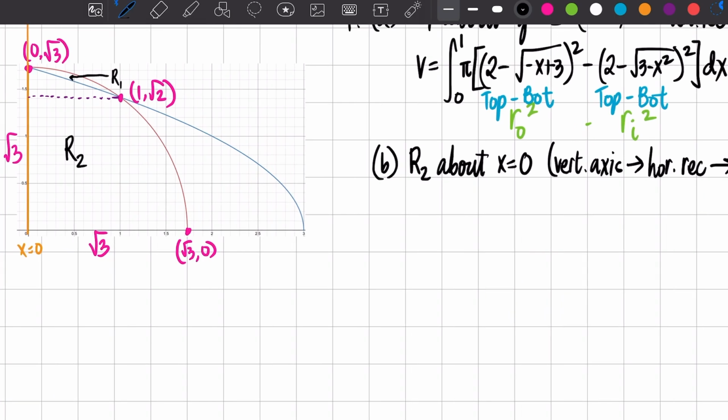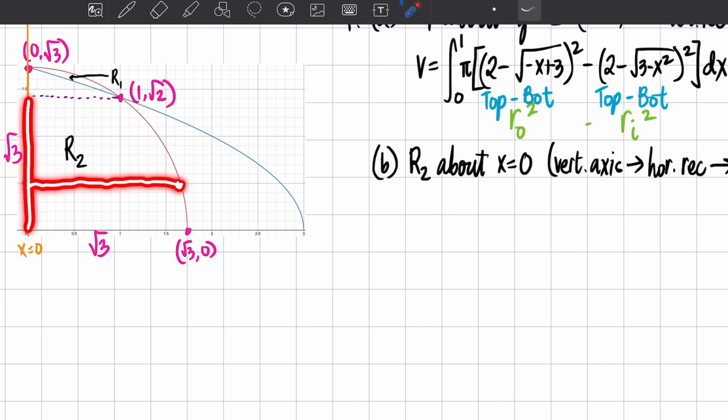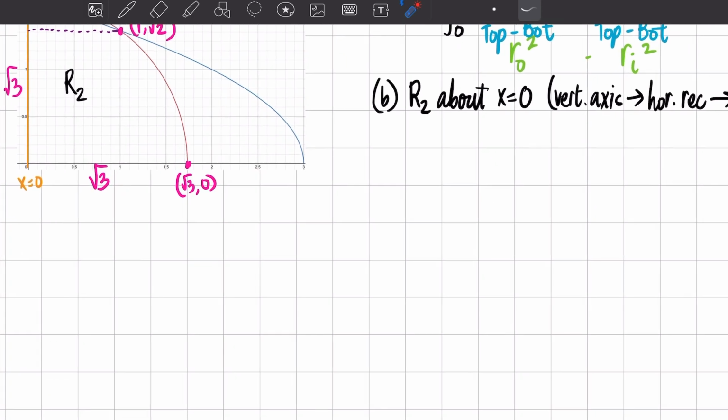Okay, let's do the first part, this one right here. Luckily, your axis is in the boundary of the region. So that means you don't really have a hole in your washer. So let's have a sort of a top view, I guess. This is your axis and this is your curve. Okay, this is the other boundary for your washer.